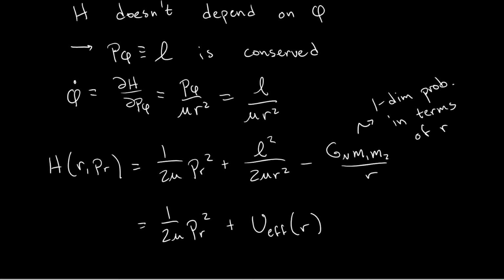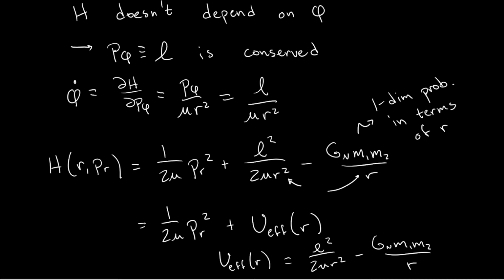It's not our original potential energy, but it's what I'll call a one-dimensional effective potential energy. Just meaning that this term and this term only depend on r. So when I combine them, it still looks, in this one-dimensional sense, like a potential energy term. That's all I mean by U effective. And just to define it, it's L squared over 2 mu r squared minus g m1 m2 over r.